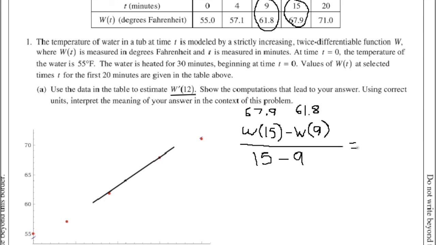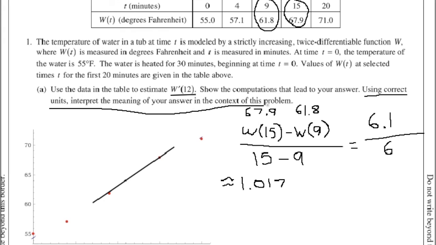When we do that out, we end up with 6.1 divided by 6, which is approximately 1. I think it's just a little over 1. I'll go ahead and do that calculation. 6.1 divided by 6, we're going to end up at about 1.017.